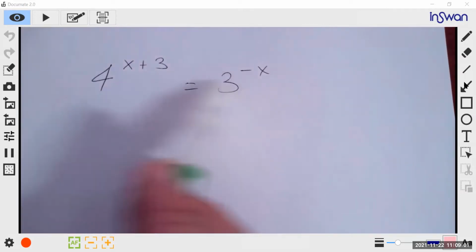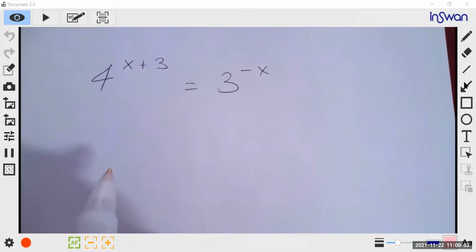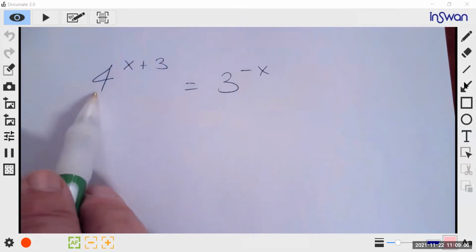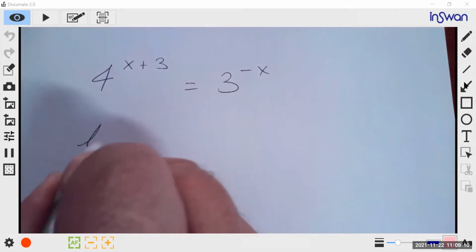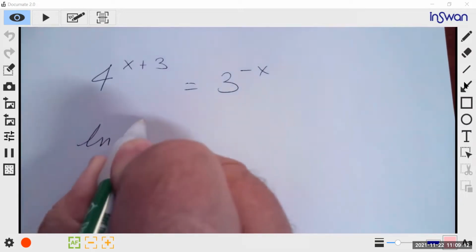So you see here, neither one of them is good. Because if you do ln 4 or log 4, this will get, but you still have this one. So it's easier here. Let's take the ln of both sides.